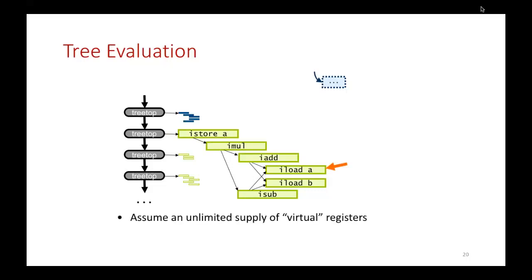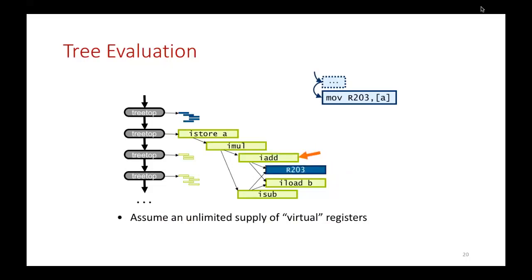Again, we're assuming an infinite supply of registers. What this turns into is basically a load. I'm going to use a very machine-generic pseudo assembly here, not any particular architecture. It's loading the contents of A into some virtual register that we happen to call R203. So the evaluation of a load results in that particular virtual instruction.